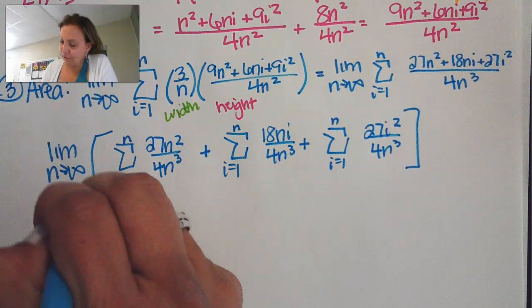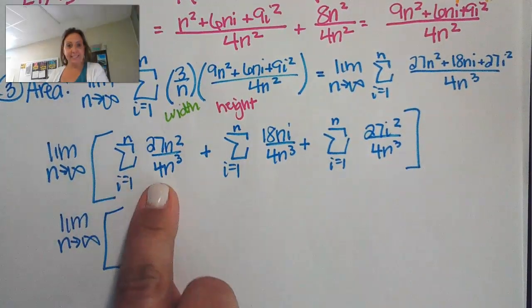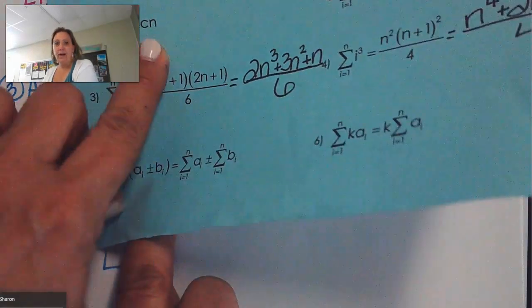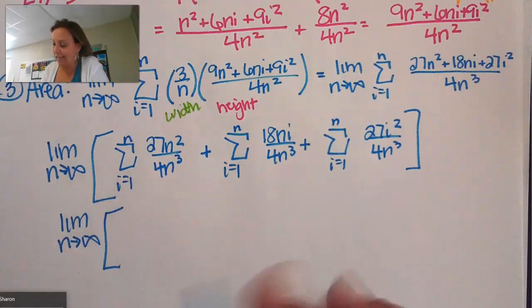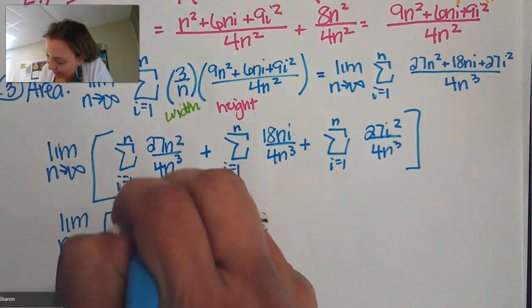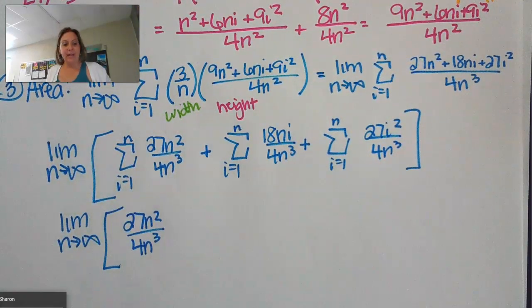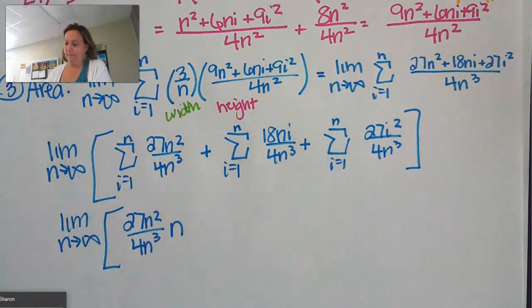So the first thing we see is that this is a constant. So that means that we can use this rule here. We can take the constant times n. So our constant is this 27n squared over 4n cubed. And so now we're going to multiply that times n. Okay?